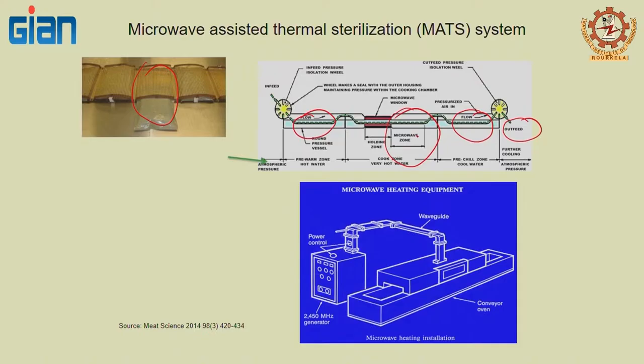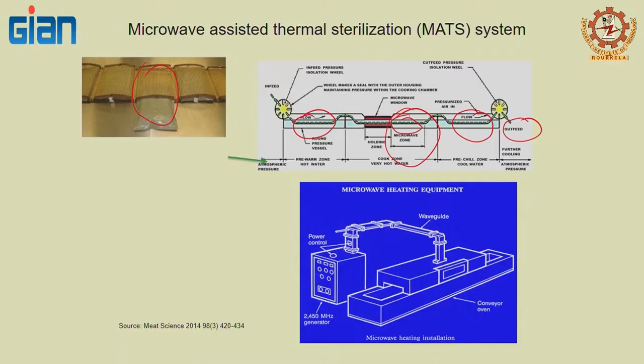In this microwave zone, in addition to exposing the product to the microwave, you can probably see in this picture that the product is going through a zone which is filled with water. In other words, the microwave is delivered to the water, and in turn it goes into the product. So, there are two types of heat transfer happening.